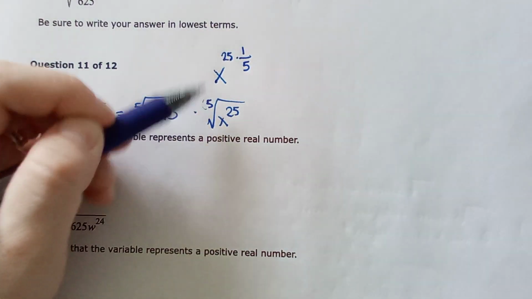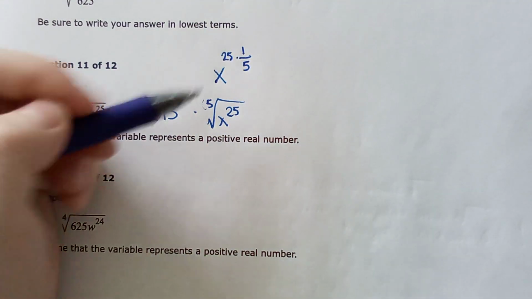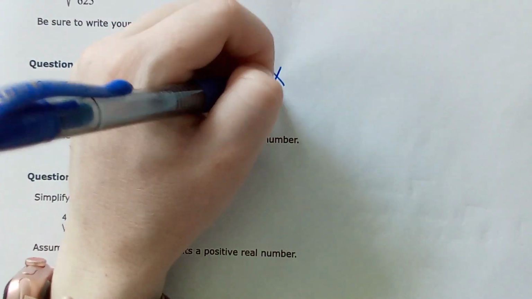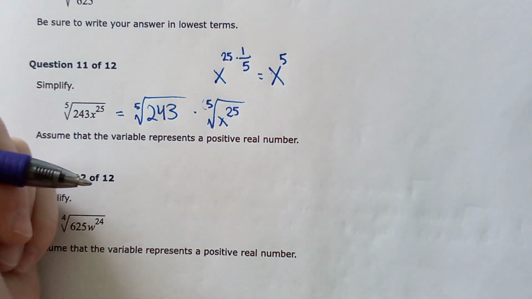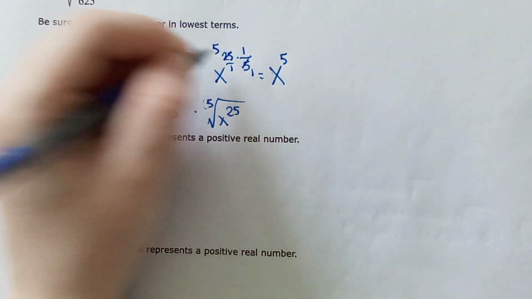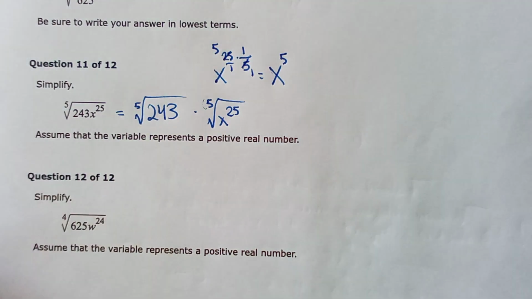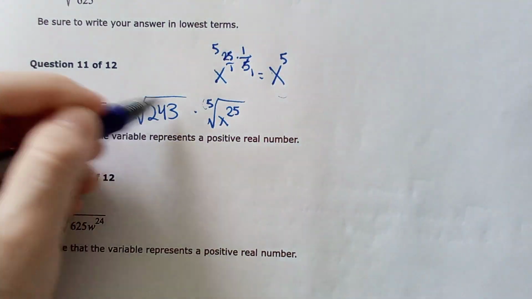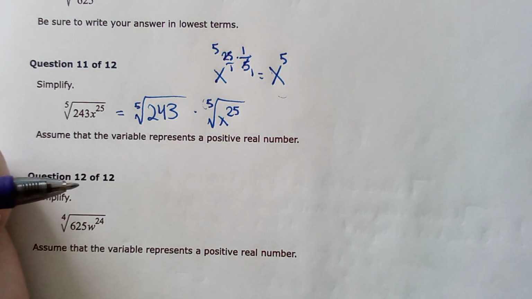So whatever your root is, that goes on the bottom, right? 25 divided by 5 is 5, right? So that's actually x to the 5th now. Okay, if you do it like that, you can reduce it like that, and that might help. Okay, so x to the 5th is going to be that piece of it. Now I got to find the fifth root of 243.